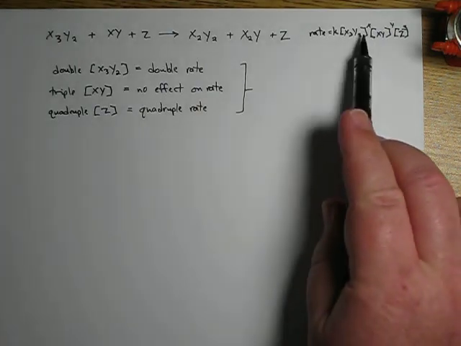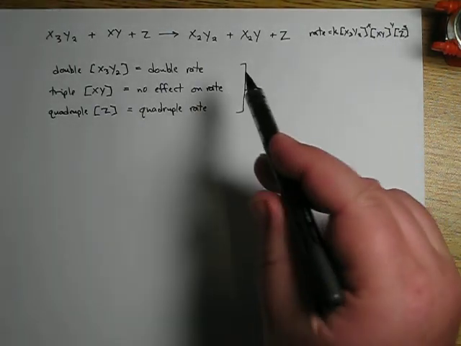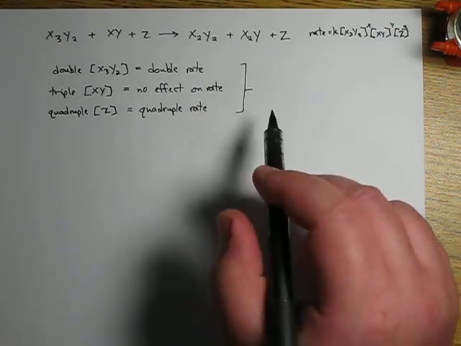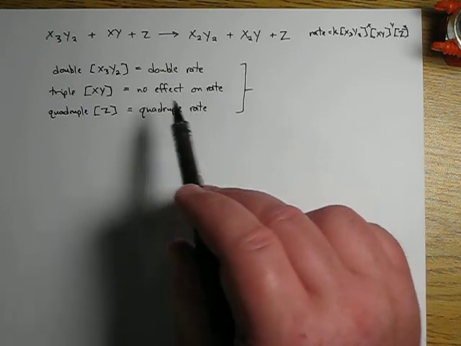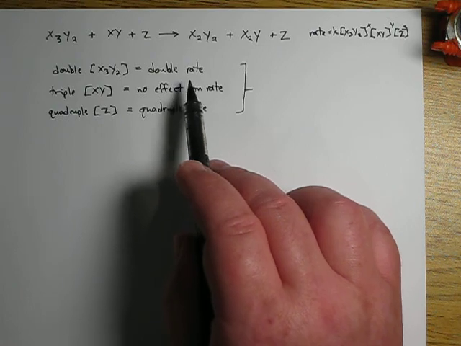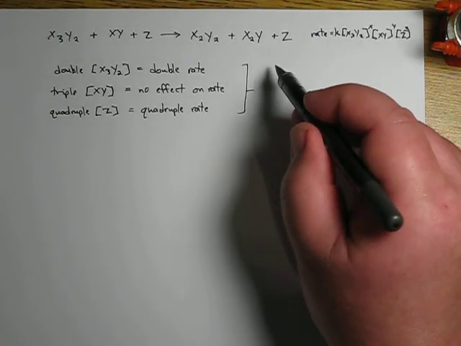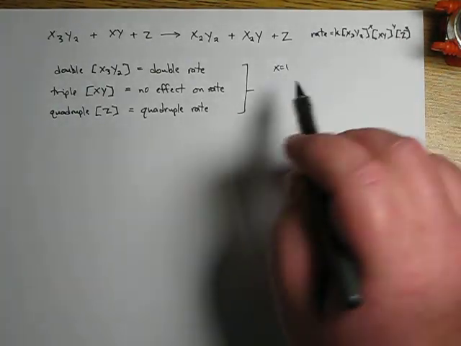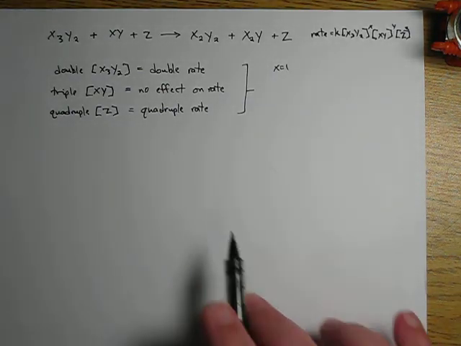We just have to figure out what X, Y, and Z are to get the rate law for the overall reaction, and we find doubling the concentration of X3Y2 doubles the rate, which means it is first order, X equals 1, first order in X3Y2.